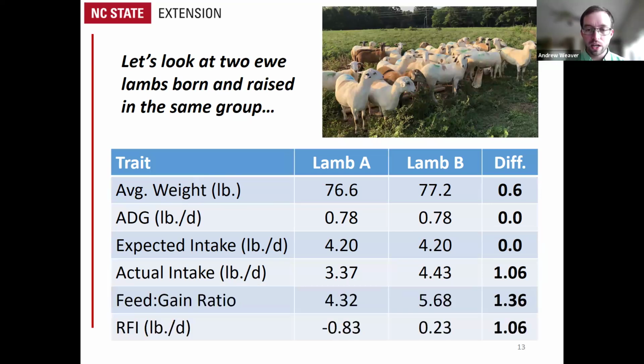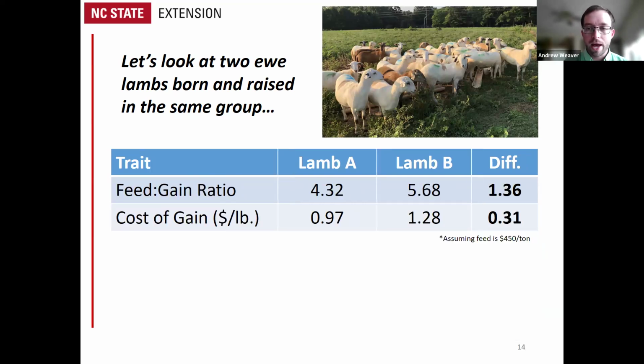So if we look at feed to gain ratio, lamb A would be at 4.32 pounds of feed per pound of gain. Lamb B would be at 5.63 pounds of feed per pound of gain. So a 1.4 pound difference in feed conversion ratio. And RFI, lamb A would be at a negative 0.83 compared to lamb B at a 0.23. So a pound difference there in terms of RFI.